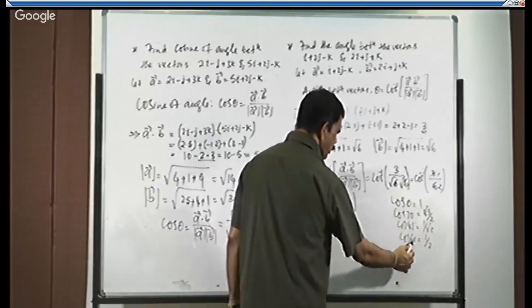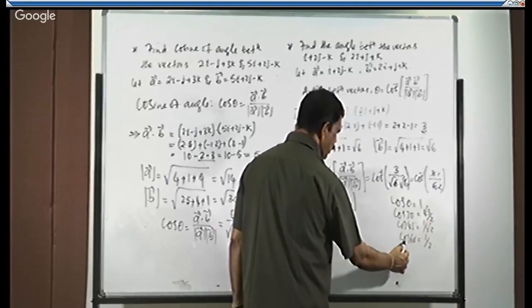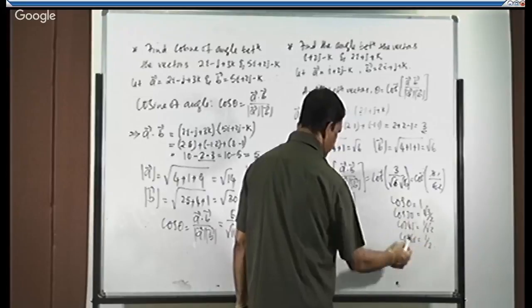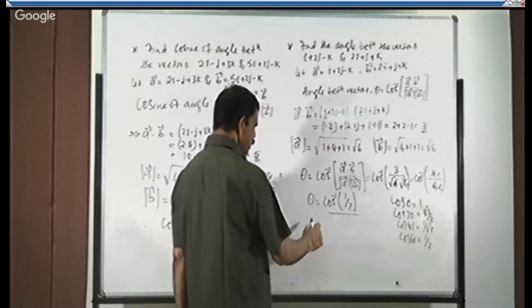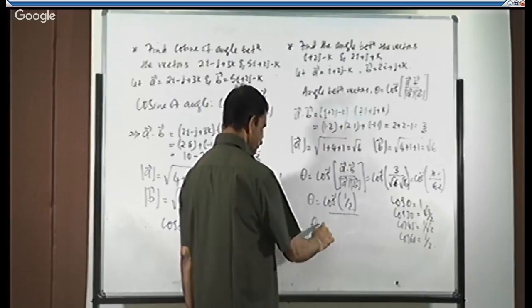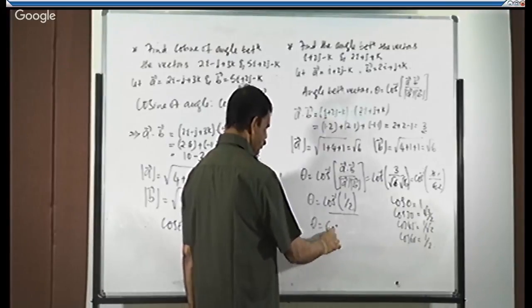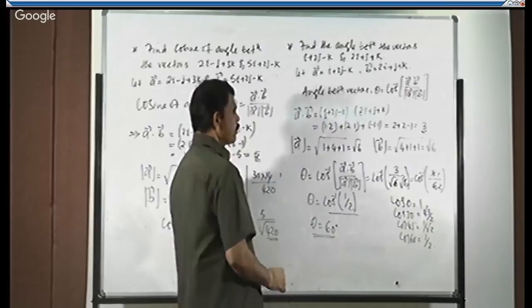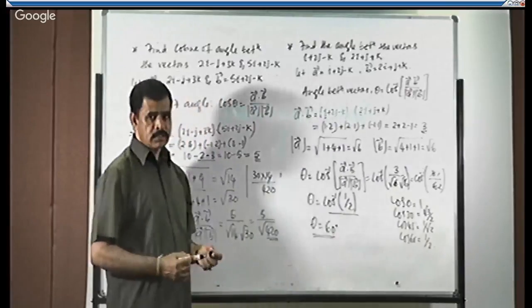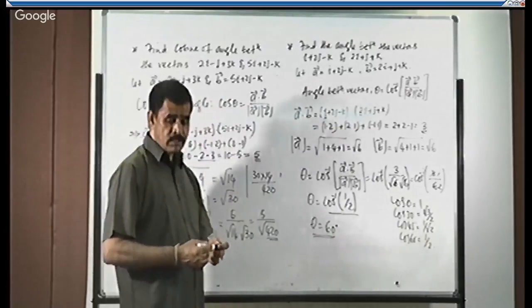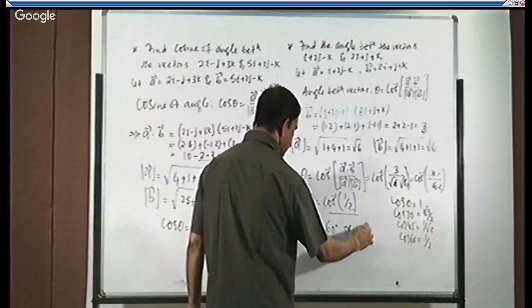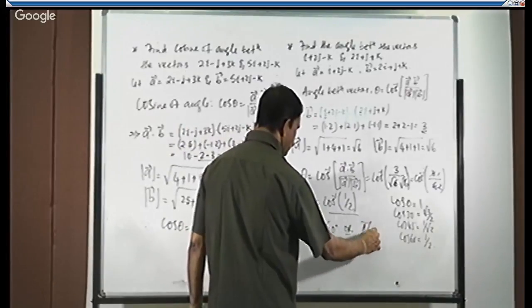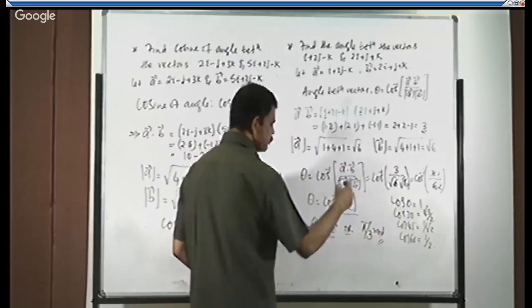So in place of cos inverse of 1 by 2, I can take 60 degree. So the angle between the two vectors is equal to 60 degree, or in radian, it is pi divided by 3 radian.